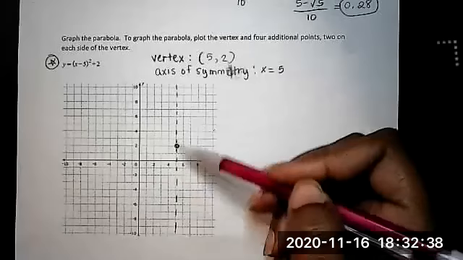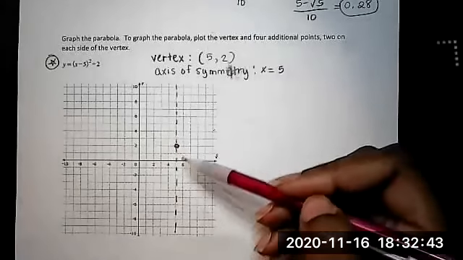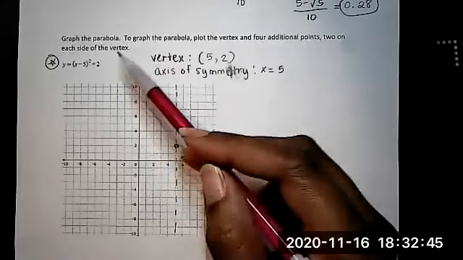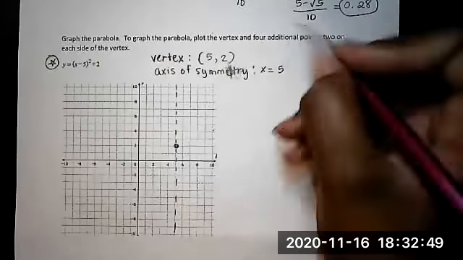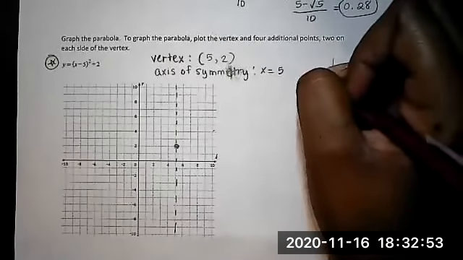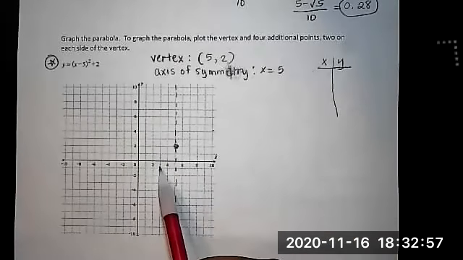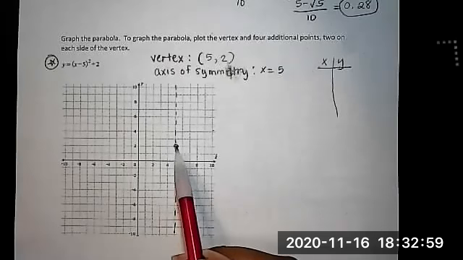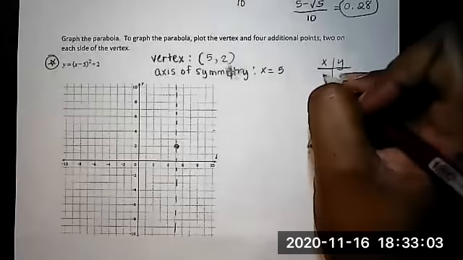And for this axis of symmetry, you're going to pick 2 points over here and then 2 points over here. And that'll be the 4 points you need, 2 additional on the sides of the vertex. So I'm going to make them my values for x and y. Of course, 2 over here from my axis of symmetry, if this point is 5, I'm going to pick 4 and 3.